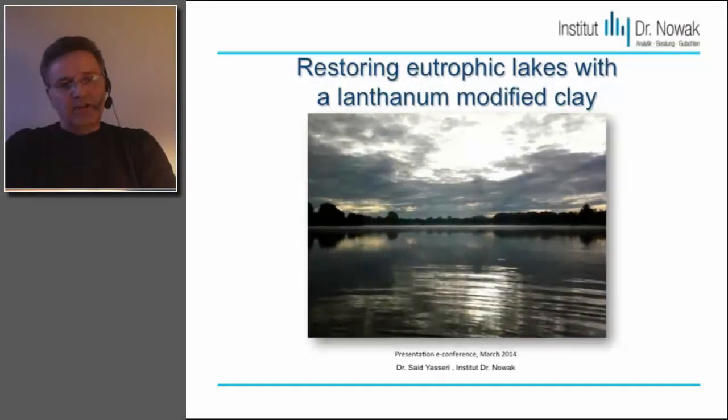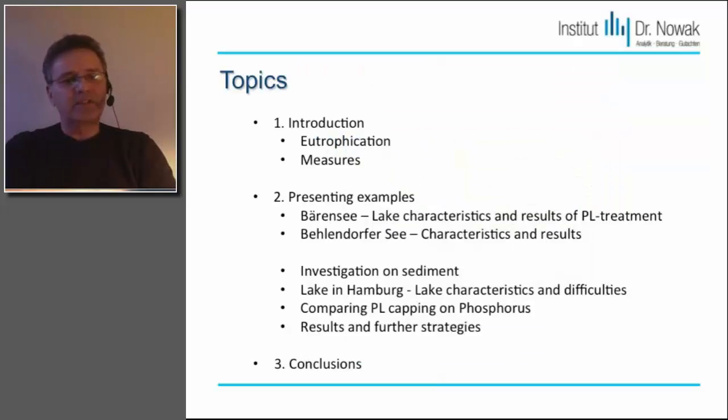First, I give an introduction about eutrophication and measures against eutrophication. Second, I present some examples of lakes that we had treated with Phoslock. I show the lake characteristics and the result of the Phoslock treatment. And after this, I show you some investigations on sediment that we had done in a lake near Hamburg, and I show the lake characteristics and the difficulties that we had with this.